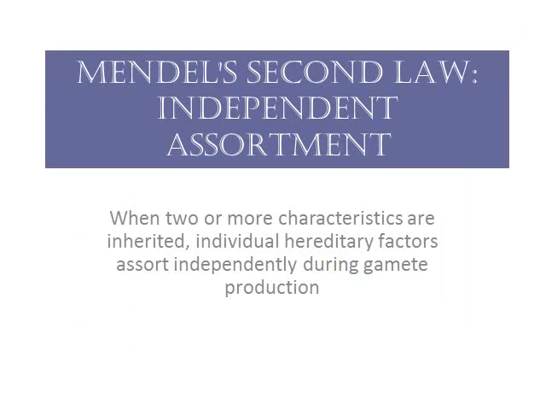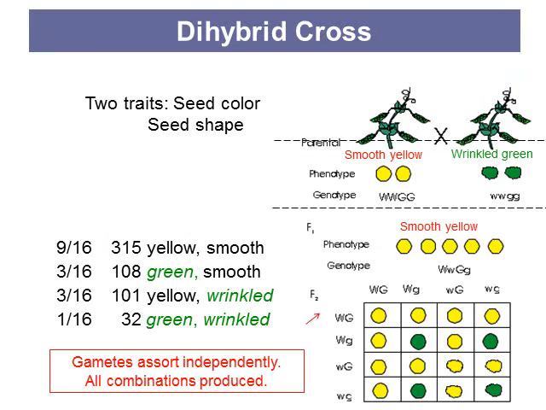All right, so now we're going to go through Mendel's second law, which is a little bit more complicated, but the idea is that this is independent assortment. When two or more characteristics are inherited, the individual hereditary factors assort independently during gamete production. What does that mean?